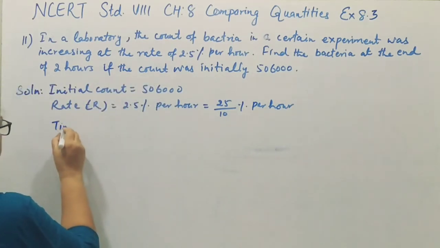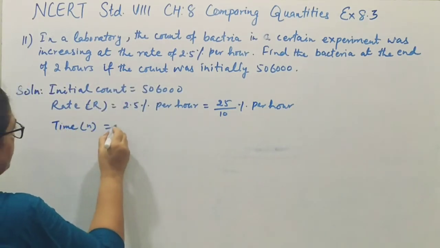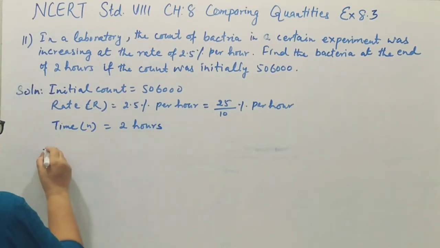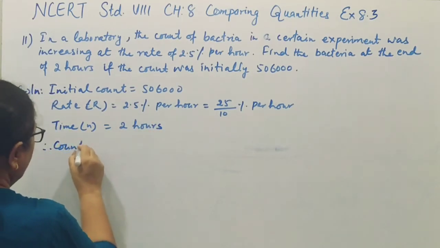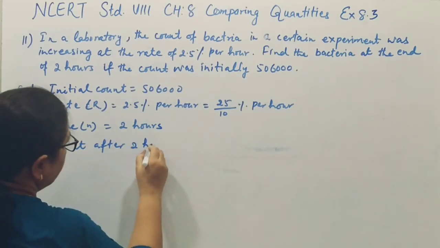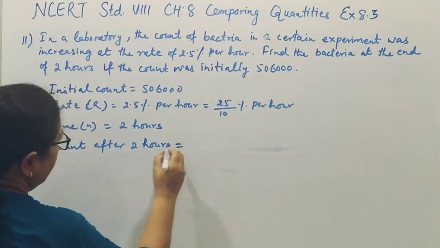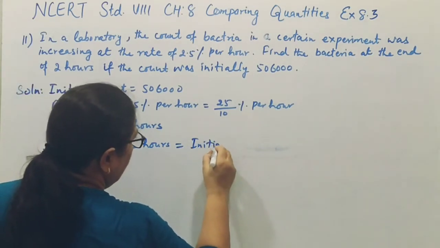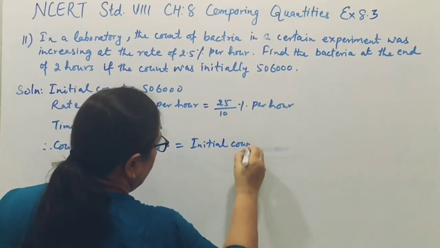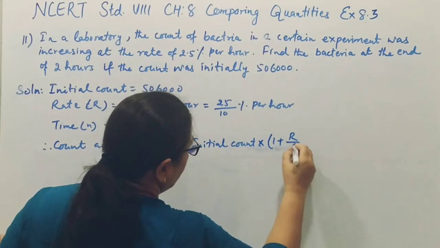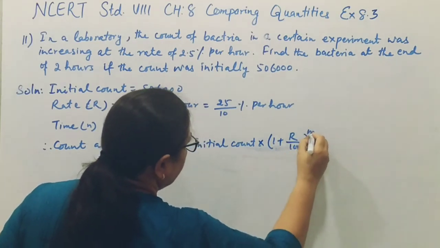Time 2 hours. Therefore, count after 2 hours is equal to initial count into 1 plus r upon 100 raised to power time.